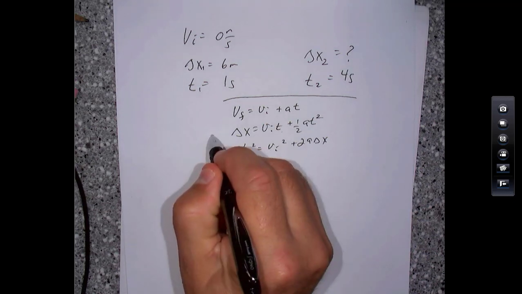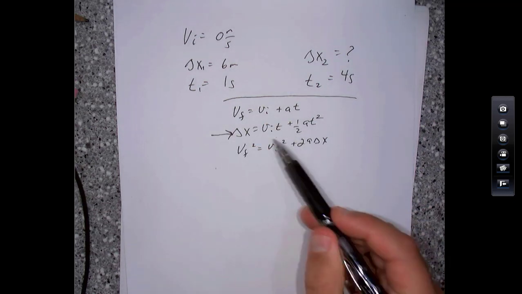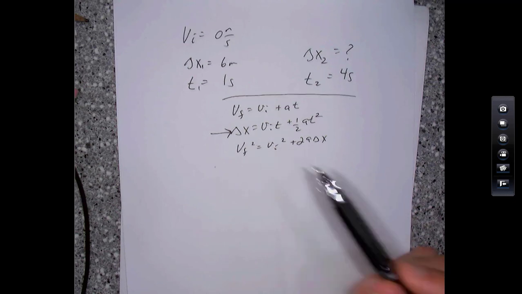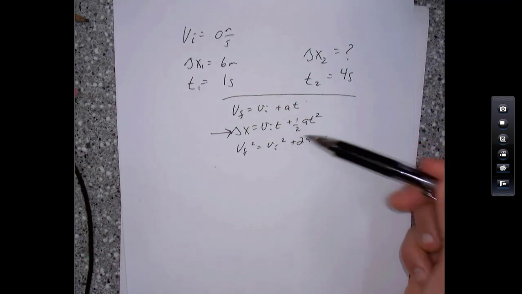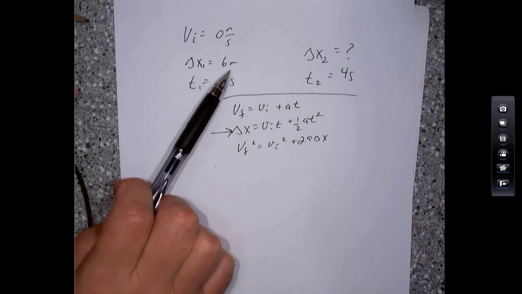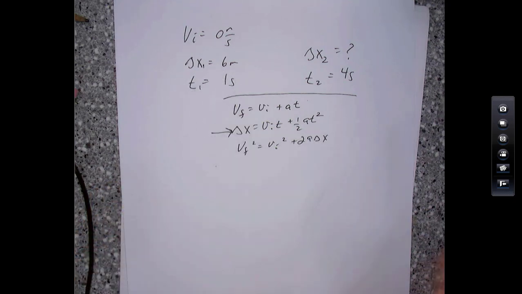Now, if I wanted to figure out how far I traveled, I could actually use this formula. If I knew what my acceleration was, I can figure out how far I've traveled. So these are just our general 3 equations here. I call this delta x1, so 6 meters in 1 second. We want to know what delta, I'm just calling it delta x2, you can call them whatever you want to, would be after 4 seconds.